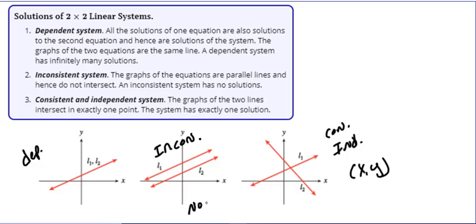We normally would say it has no solution, right? And we can also say that this dependent one, which is the same line, has an infinite amount of solutions, right? So that's kind of 2x2 systems in a nutshell.